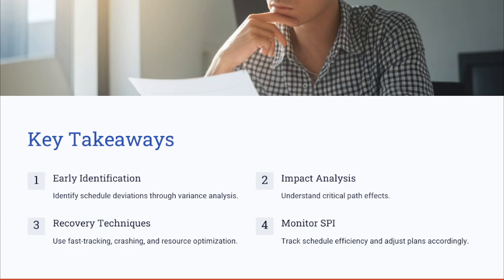We looked also at fast tracking, crashing, and resource optimization to recover time. Finally, we talked about monitoring the SPI, and we have seen a real-world example to track the schedule efficiency, adjust the plan accordingly, and implement corrective actions if necessary.